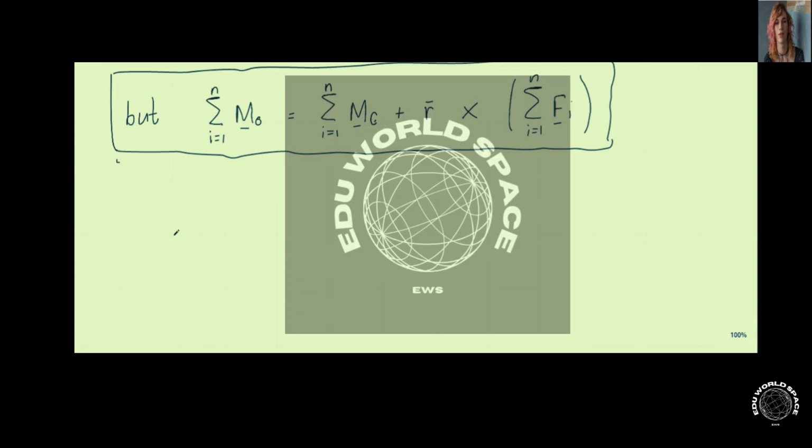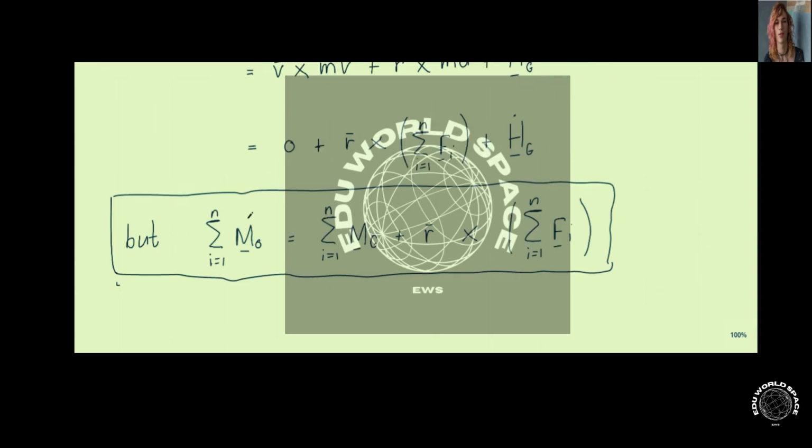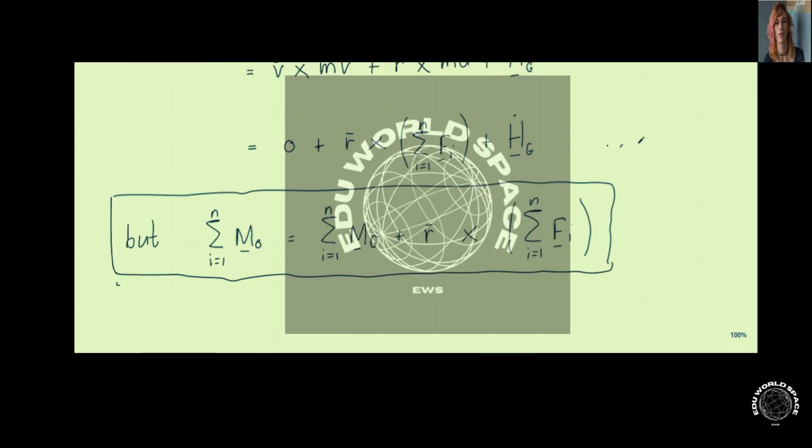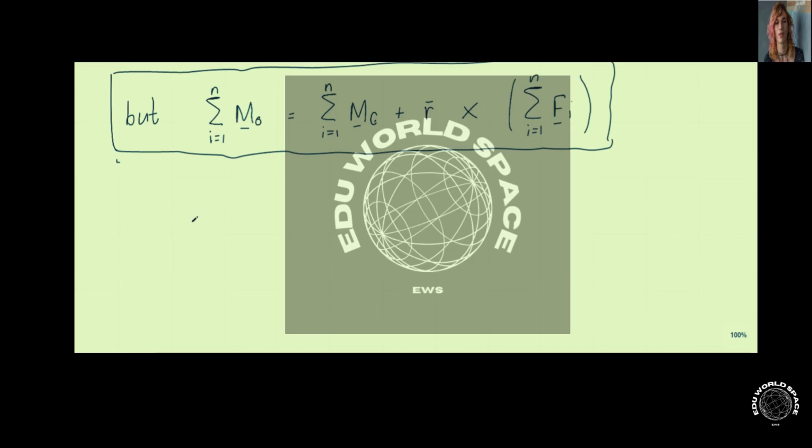If we subtract r bar cross the sum of F_i from each side of equation 1, we get that the sum of the moments about the center of mass, sigma M_G, is equal to the first derivative with respect to time of the angular momentum of the system about that center of mass.